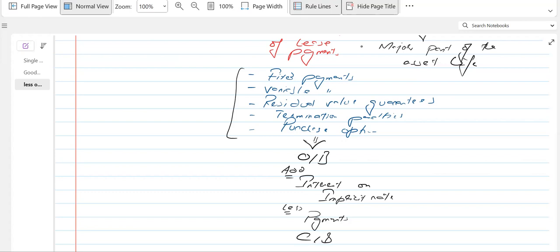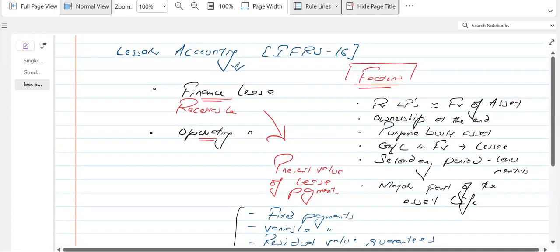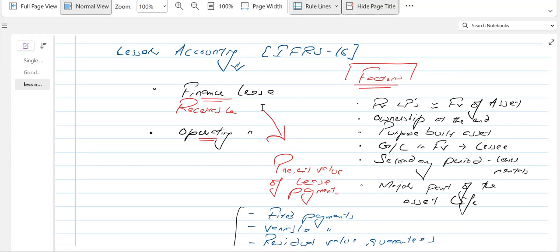And remember, we used to do an extra year working in order to split the liability between current and non-current. Because this is the treatment for the lessor, we are going to do an extra year working in order to split the asset between current and non-current. So this is exactly opposite to the treatment of the lessee. If you somehow forget the treatment, just remember that the lessee's treatment is recording the right of use asset and the lease obligation.